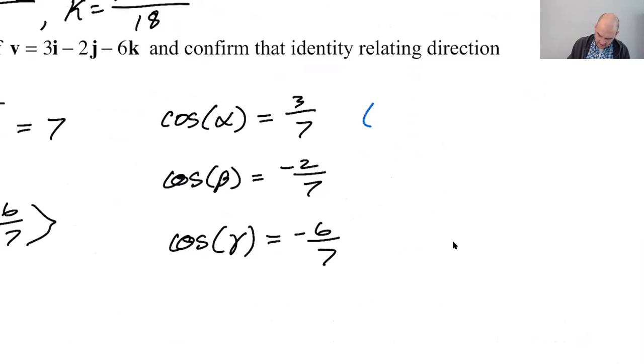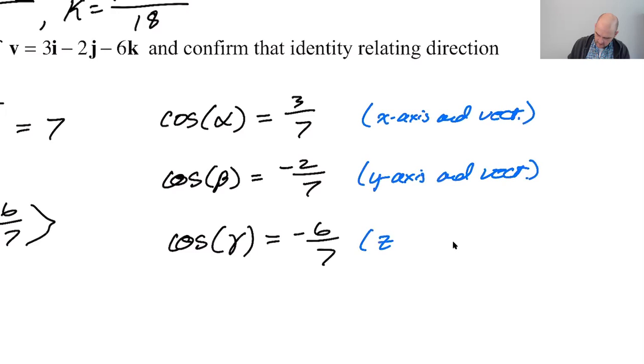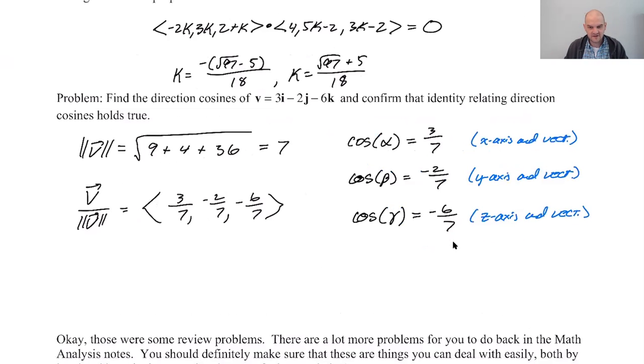So let me say x-axis and vector, y-axis and vector. I don't think you'll have to do much with these, but you never know. Z-axis and vector. So you typically find the direction cosines. You don't find the angles, you just find the cosines.